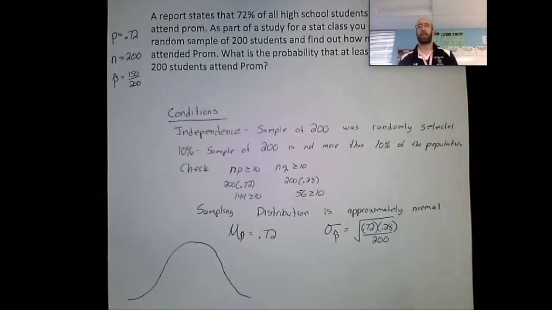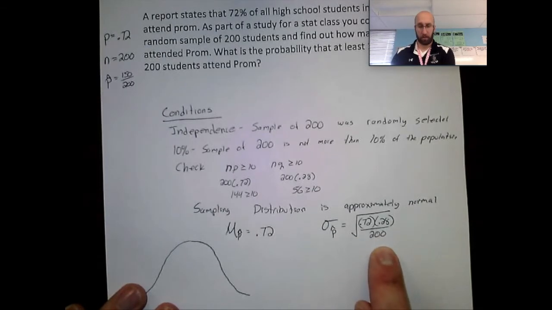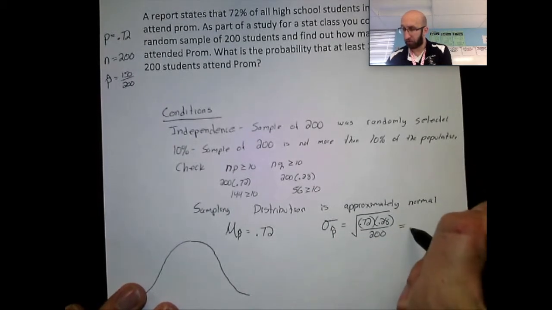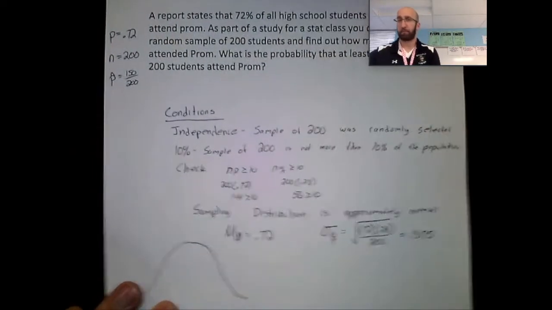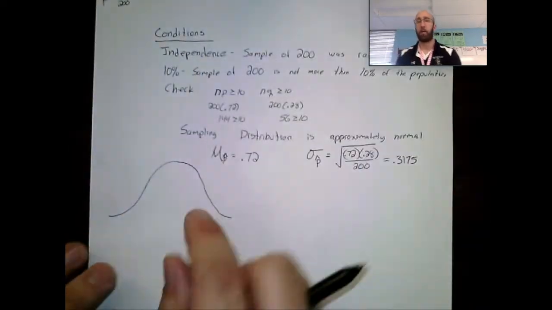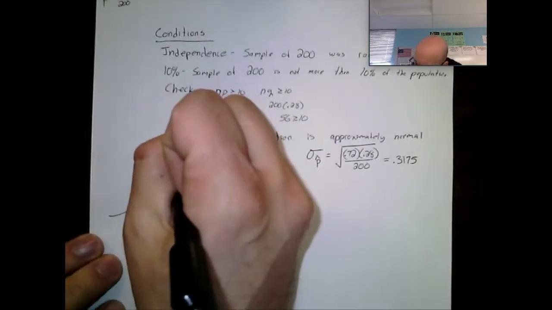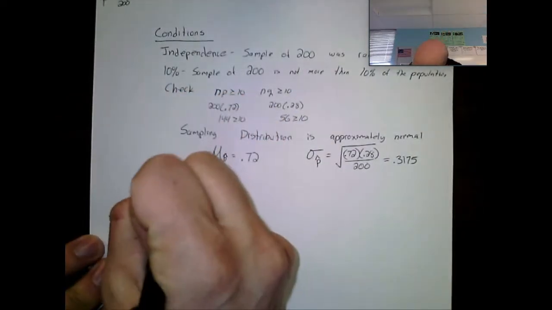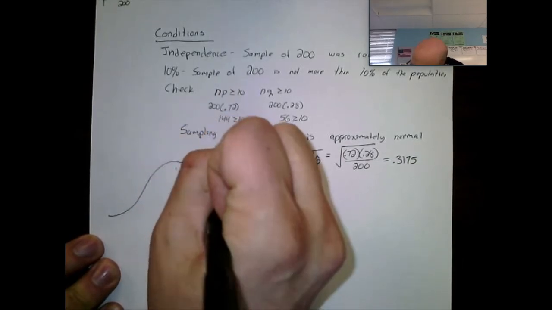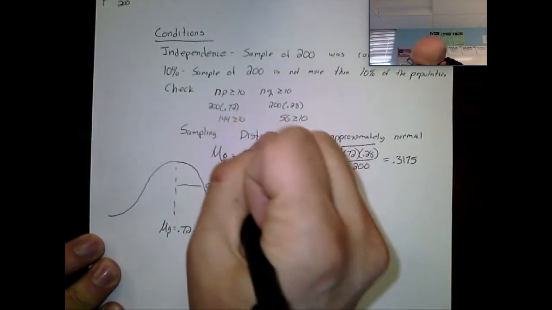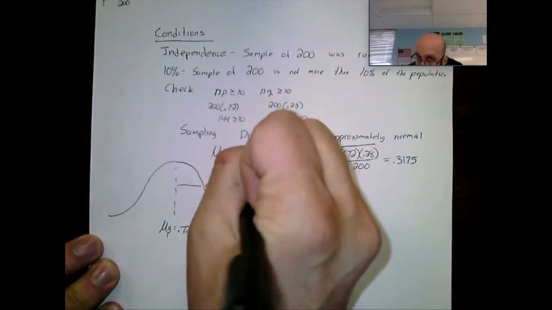I already did this calculation quickly off screen to speed things up. Carefully type that all in if you need to check it. I'm going to round it to 4 decimal places, 0.3175. So now I know my sampling distribution has a center at 0.72, and the standard deviation of the sampling distribution is 0.3175.